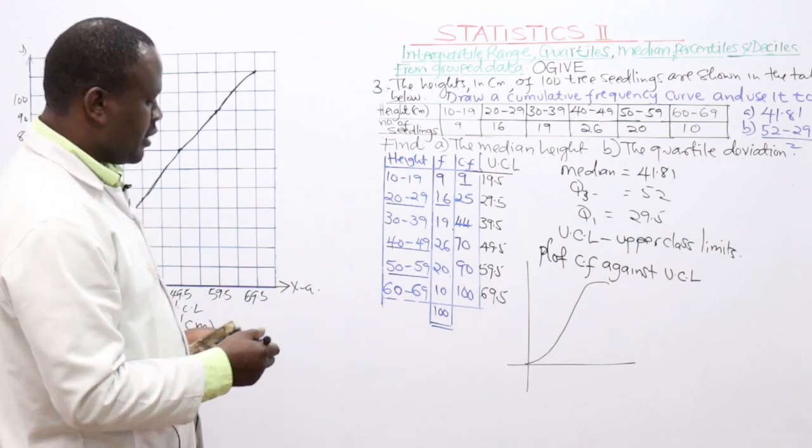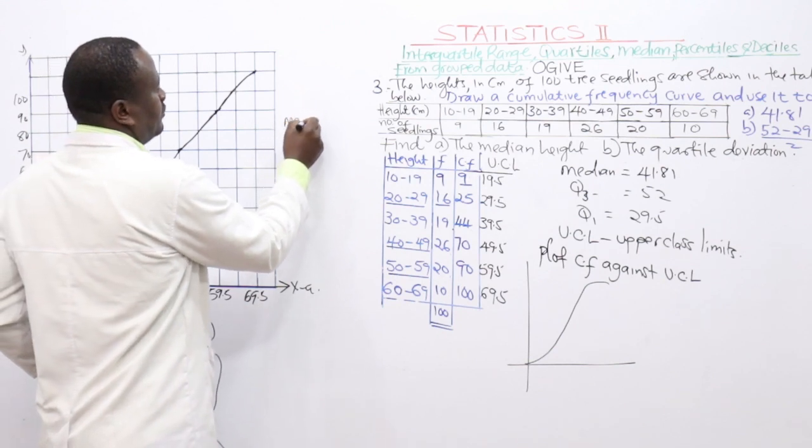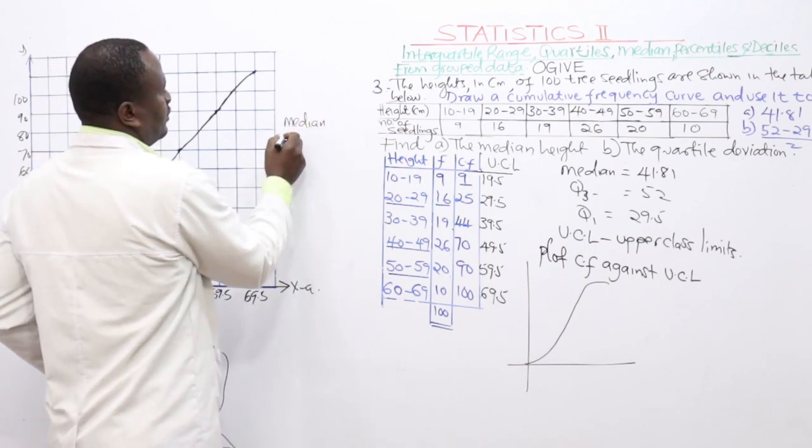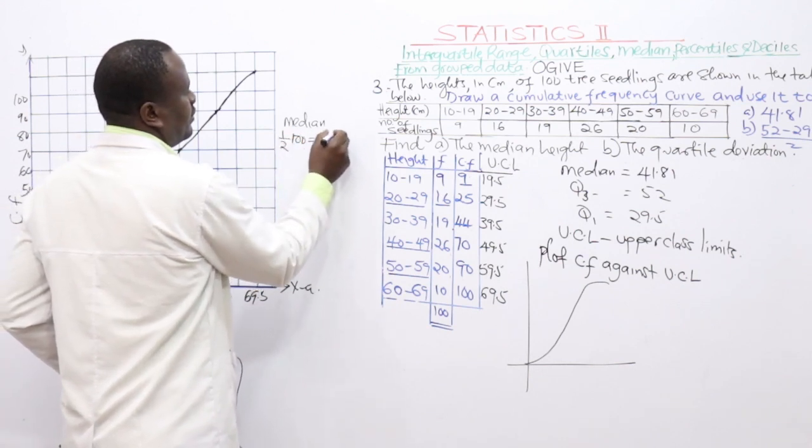Now, to get the median, we take half of 100, which is the 50th.